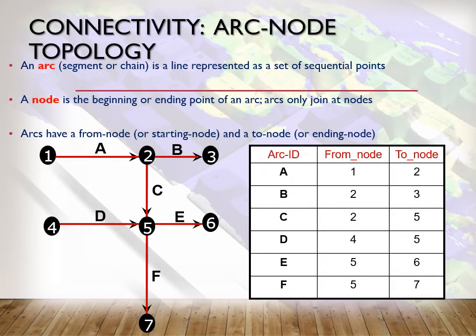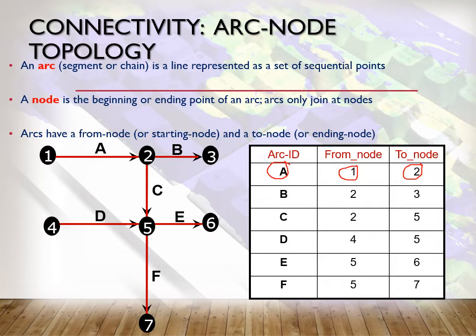Alright, so the very basic form of topology is an arc, which is a line that represents basically a set of 2 points. A node is the beginning or end of an arc, and arcs and nodes can start to form topology. For example, if you look at arc ID A goes from point 1 to point 2, which makes sense, right?